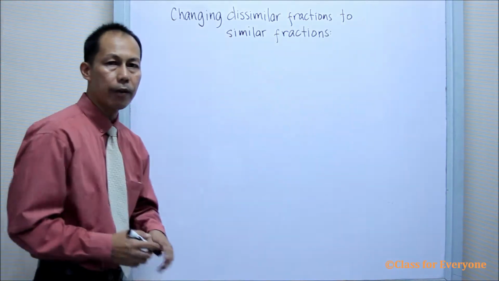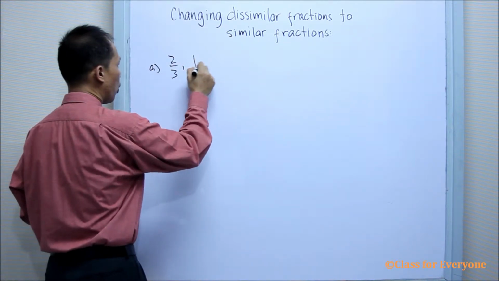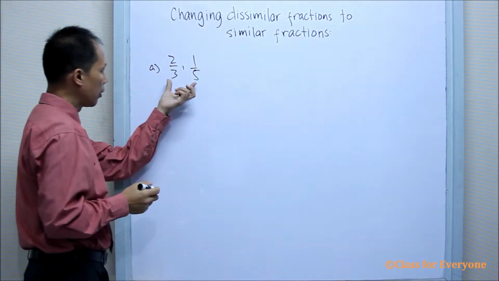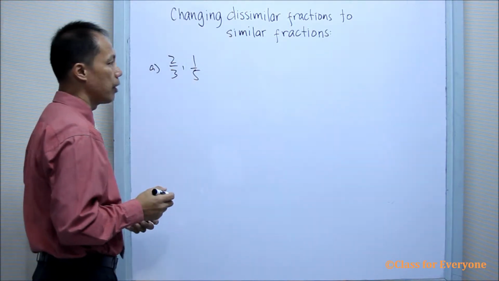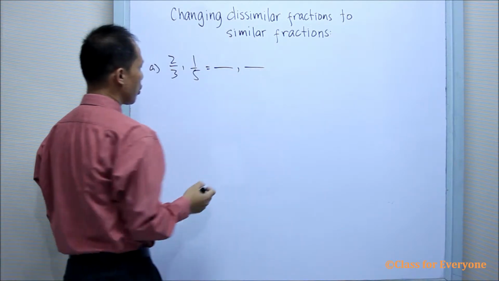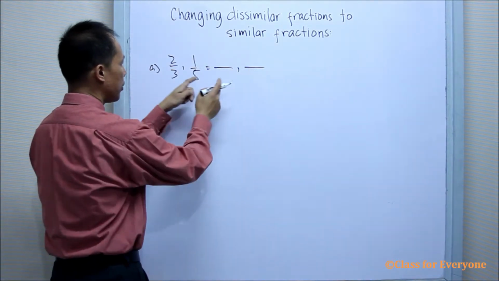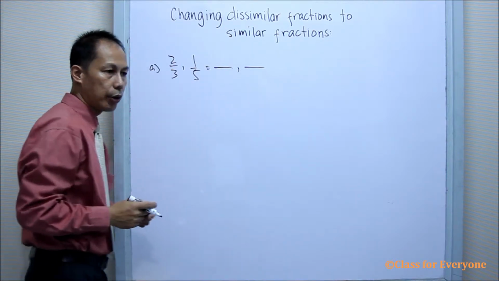So suppose we have an example: 2/3 and 1/5. These two fractions do not have the same denominator, so these are dissimilar. We are going to rewrite these two fractions wherein they are similar and get the equivalent fractions of these having the same denominator.